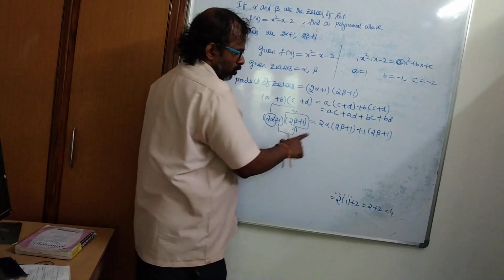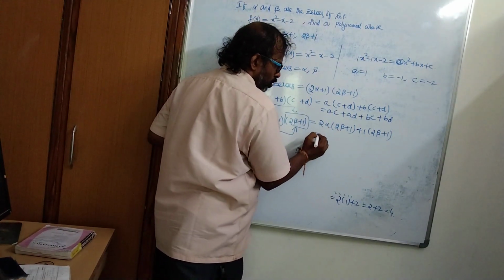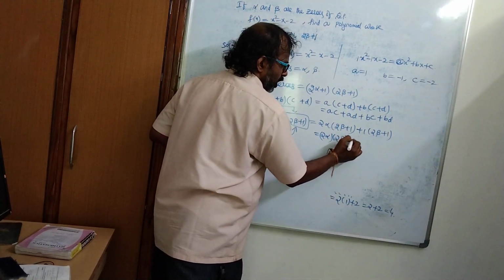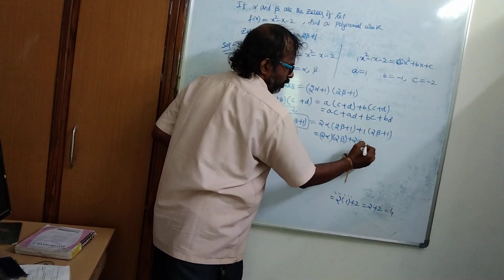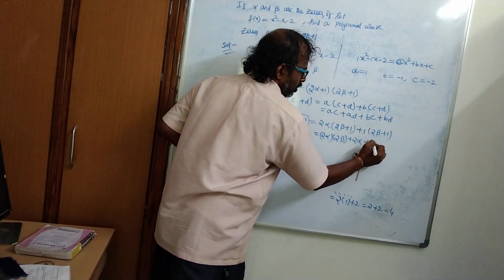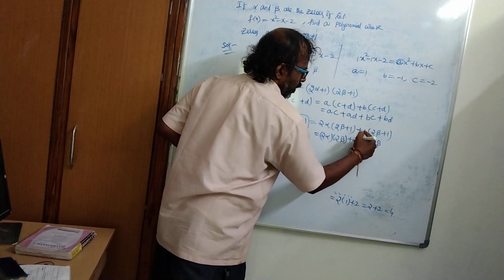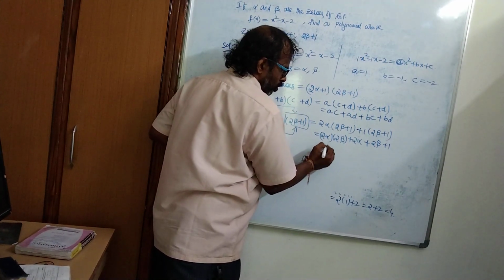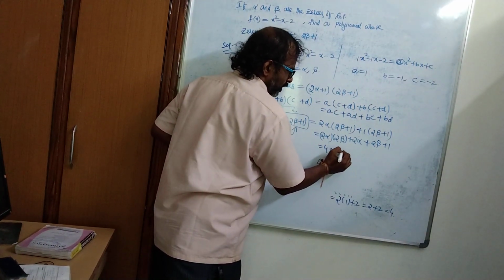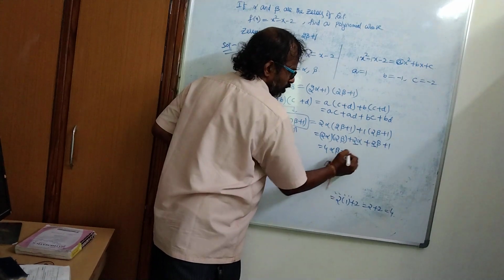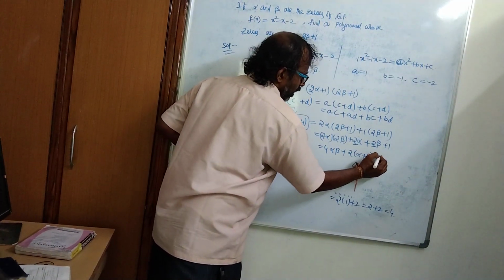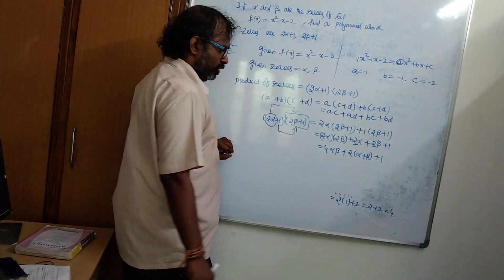Right? Now 2 alpha into 2 beta, plus 2 alpha, plus 2 beta, and 1 into 1, 1. So 2 into 2, 4 alpha beta, plus, from these two terms take 2 common, so you will get 2 into (alpha plus beta) plus 1.